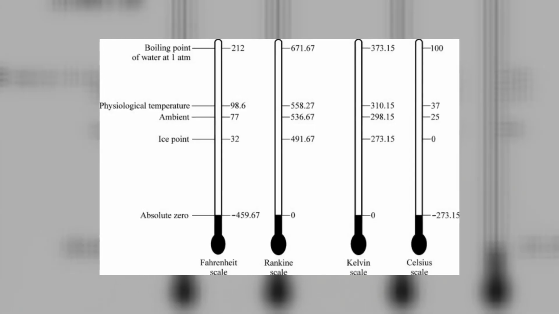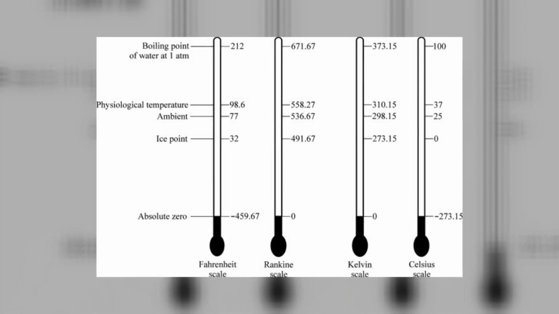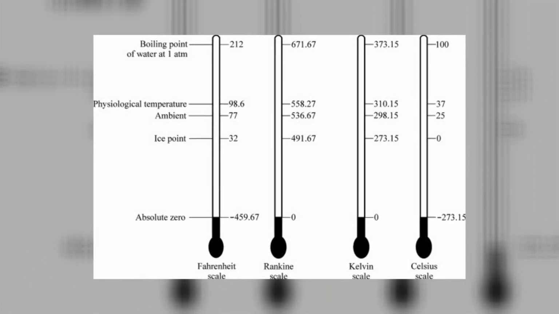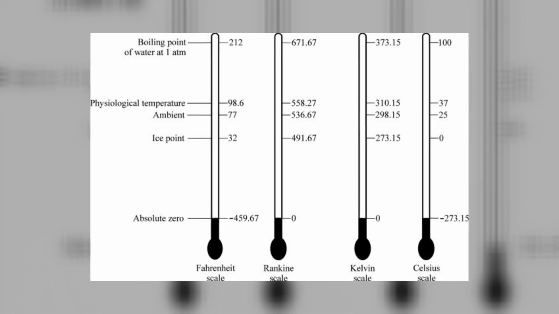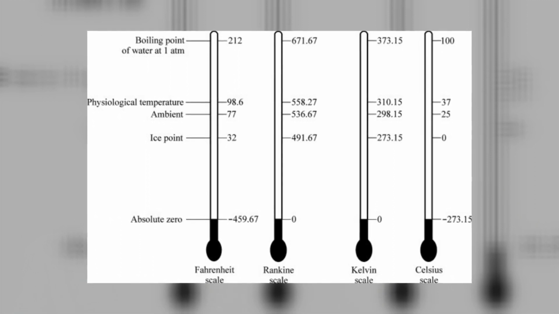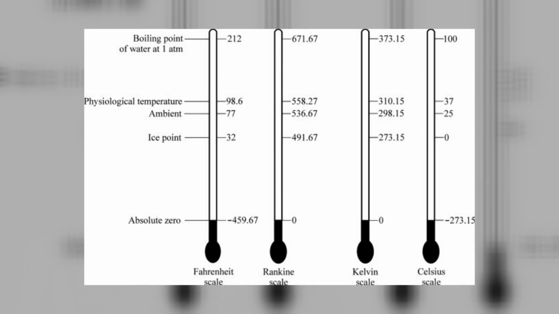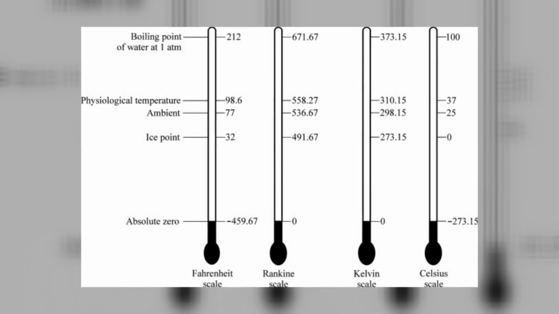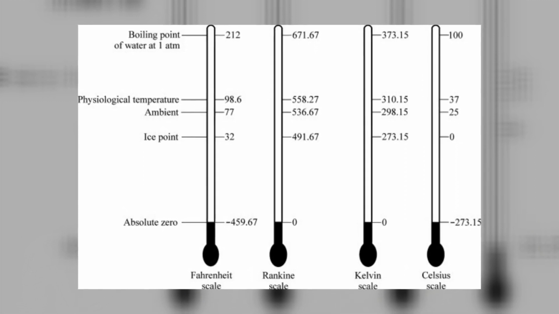So let's talk about Fahrenheit. From degrees Fahrenheit, what I do is add 460 to the degrees Fahrenheit to figure out what my temperature is in Rankine. Easy enough.